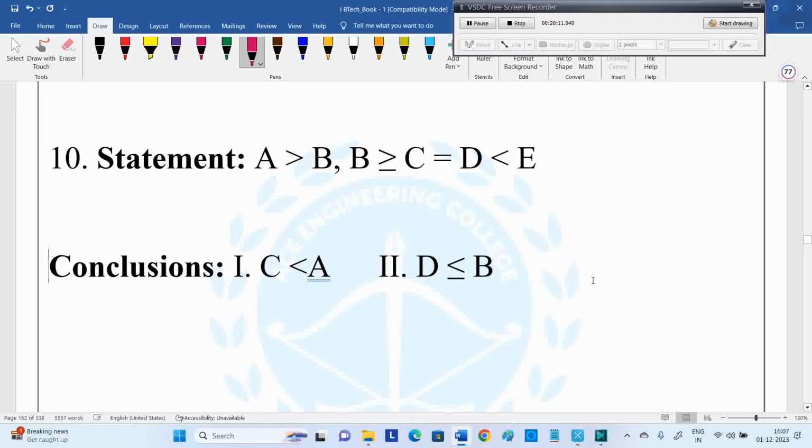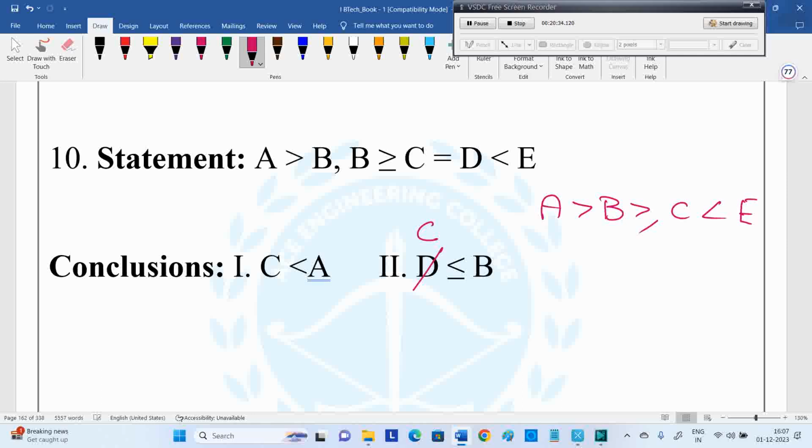And what about this one? Both 1 and 2. Among C and D, okay, both. So I can take C. I'll just put C in place of D. C and D both are equal, right? In the conclusion also, instead of D, I'm putting C. I use only C here.